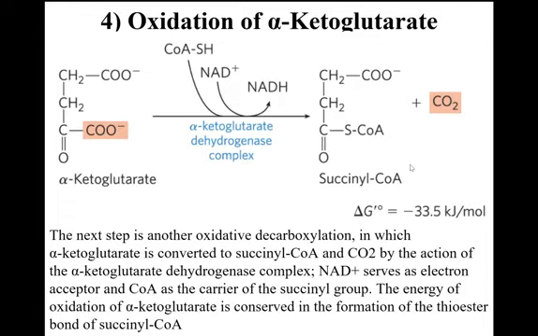Then from there, we have an oxidation of the alpha ketoglutarate, which utilizes an alpha ketoglutarate dehydrogenase complex, very similar to the pyruvate dehydrogenase complex. And so it utilizes these cofactors, coenzyme A with that free thiol group, NAD plus, and thus producing NADH and the succinyl coenzyme A and also carbon dioxide.